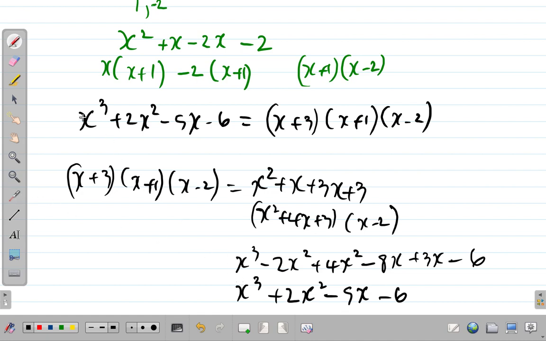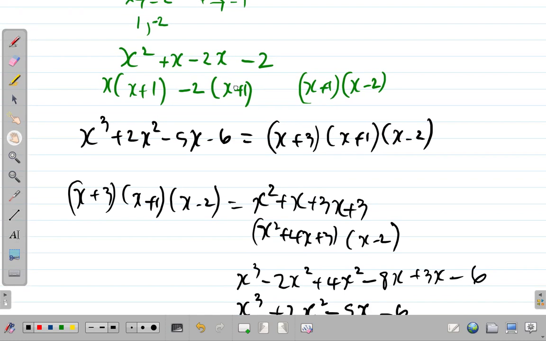Alright, let's check it up here. What we have is x cubed, alright, plus 2x squared minus 5x minus 6. Okay, good. So it does work out. So it's correct. What you have here is that x cubed plus 2x squared minus 5x minus 6 equals x plus 3, x plus 1, x minus 2.